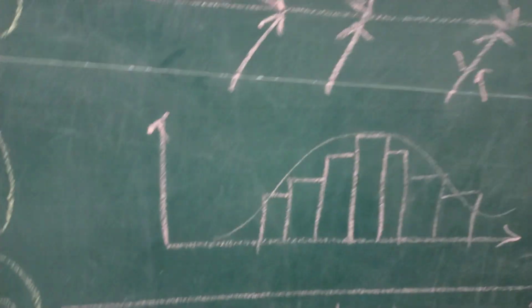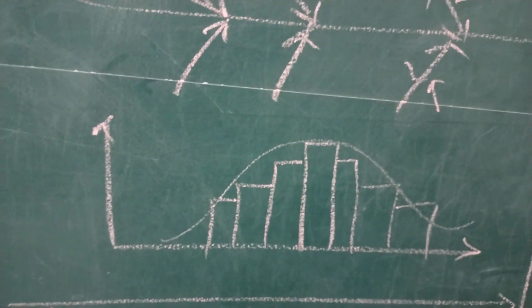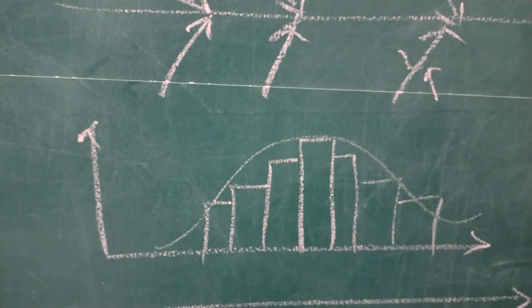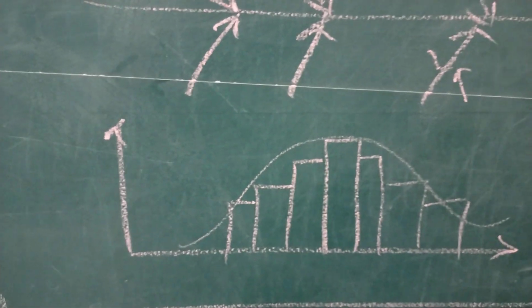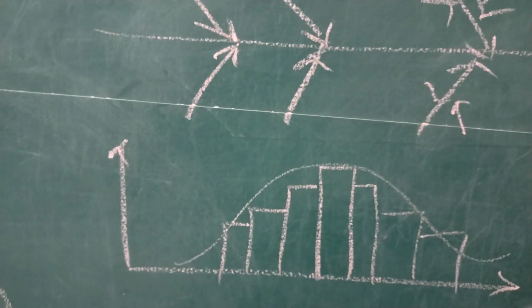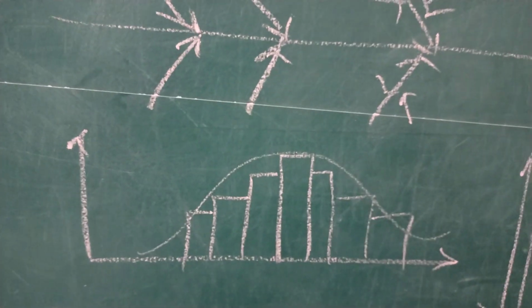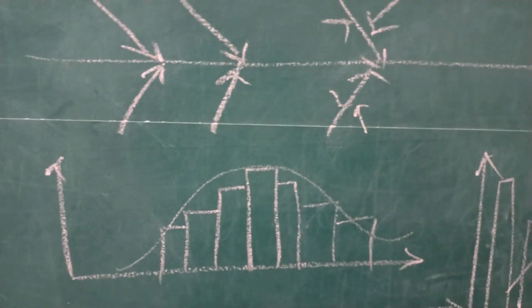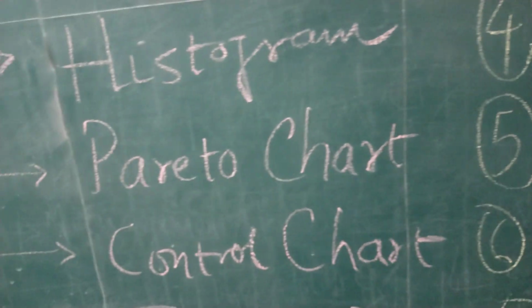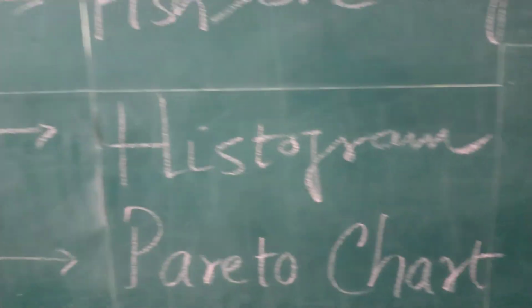Histogram basically shows the frequency of various data collected, and we draw it in the form of a chart, or we can call it a bar chart also. It shows whether the data are normal, and those aspects are checked as per the frequency of various data points. Next is Pareto chart.